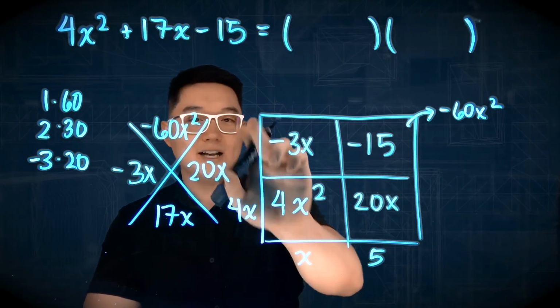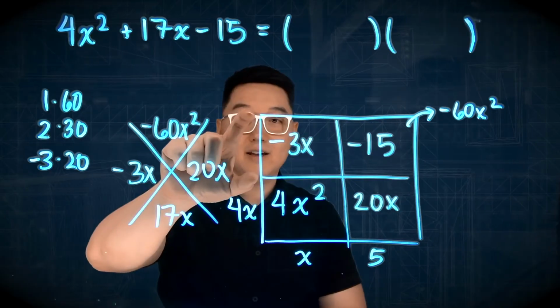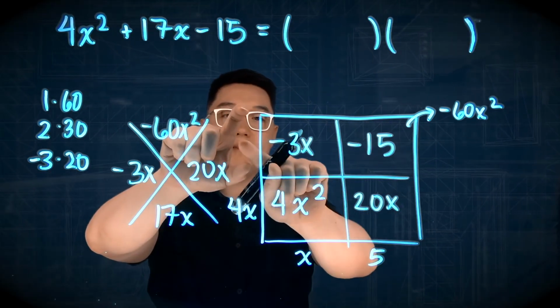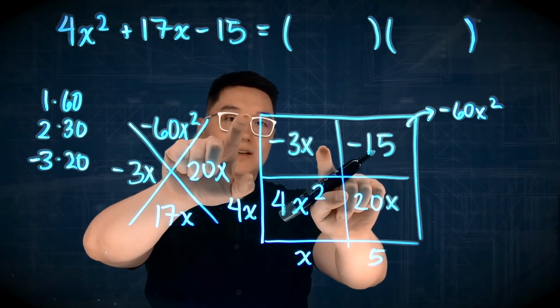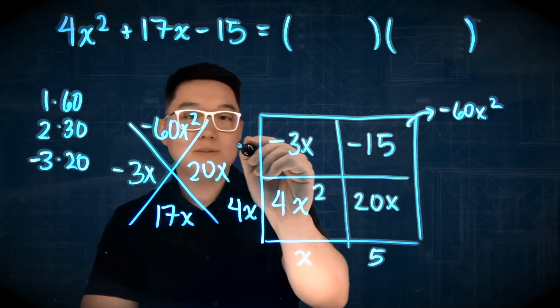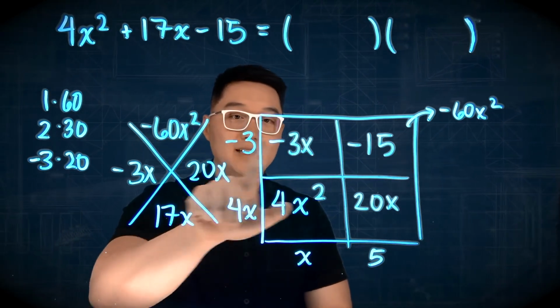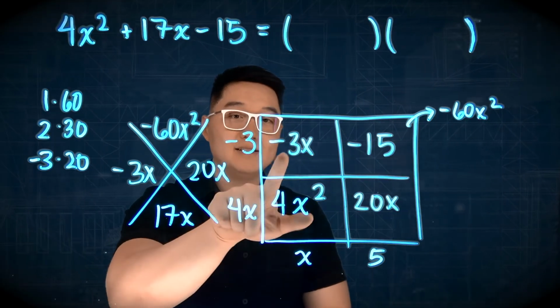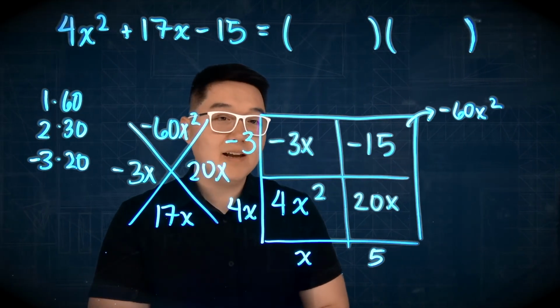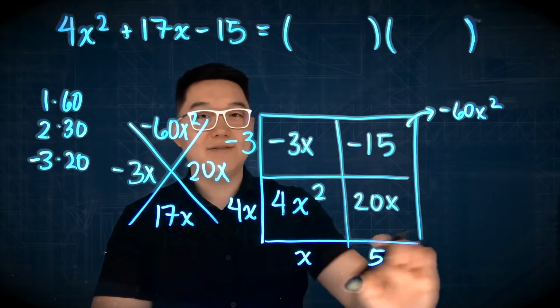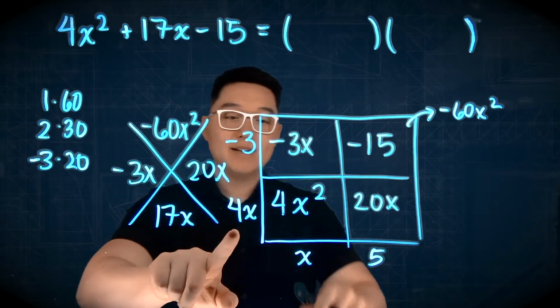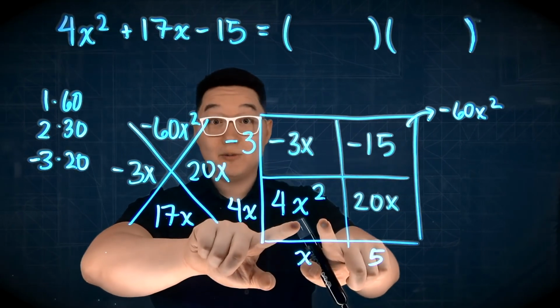Now what about this section of the rectangle, the length? Well, x times something gives us negative 3x. So this section must be negative 3, because negative 3 times x gives us negative 3x. Now we always double check to see if everything checks out. 4x times x does in fact give us 4x squared.